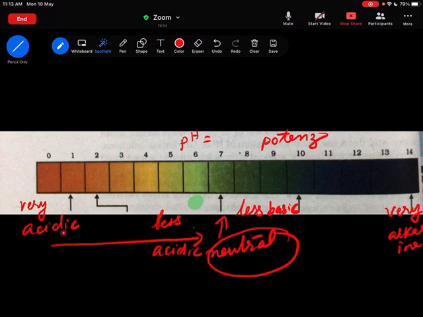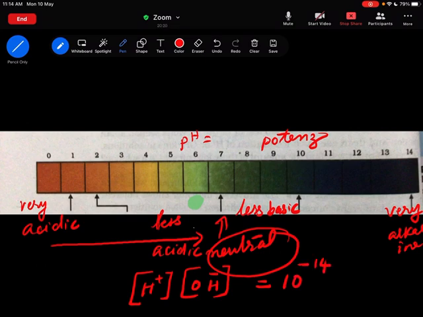H plus ion concentration we show in square brackets. H plus ion concentration and OH minus ion concentration, if you multiply these concentrations, it will be equal to 10 to the power minus 14.